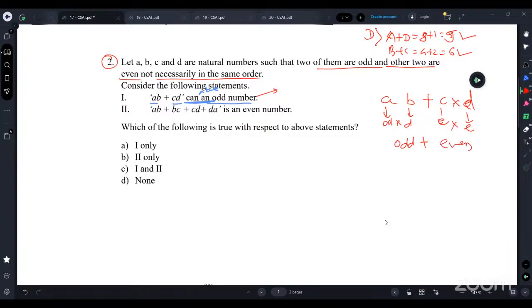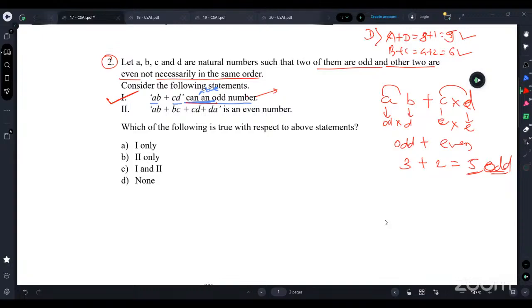So what is the summation of odd and even? Odd plus even will always be an odd number. So it is possible that if I make AB odd and CD even, then AB plus CD is an odd number. This is one of the possibilities, but it is not 100% true. But the statement is about possibility, so if I talk about possibility, then it is a correct statement, right?